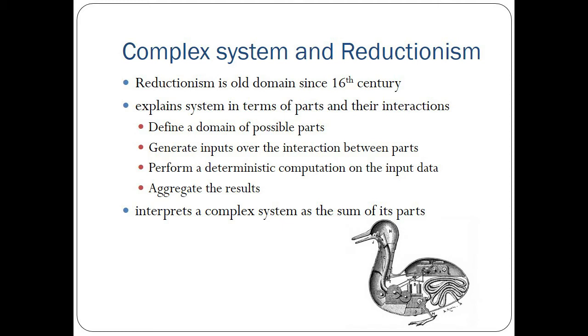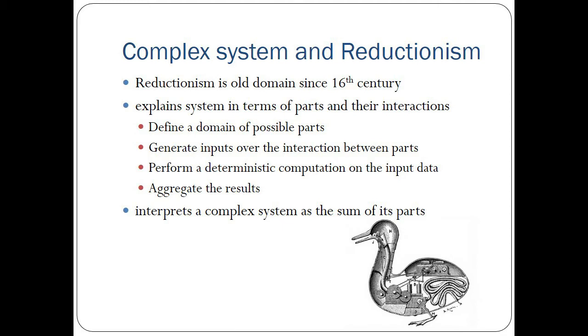In reductionism, they first define those possible parts, then generate various inputs over the interactions between those parts. Then they perform some deterministic computation on the input data set, and then aggregate the results. These are the fundamentals of reductionism, which are now carried by complex systems. Then what is a complex system?